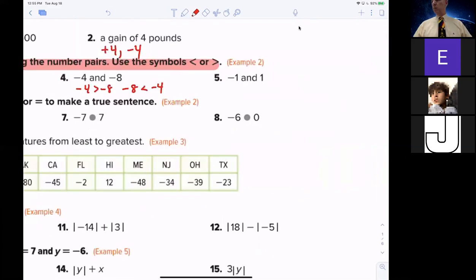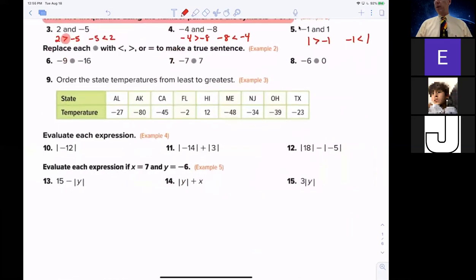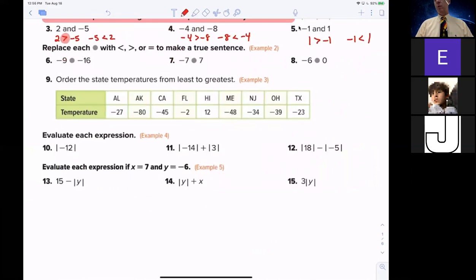Jackson, go. Number 5. 1 is greater than negative 1. And what's the other one? Negative 1 is less than 1. Yes, that's perfect. All right, I'm happy. All right, Miss Pancholi, tell me about number 6. Beautiful.